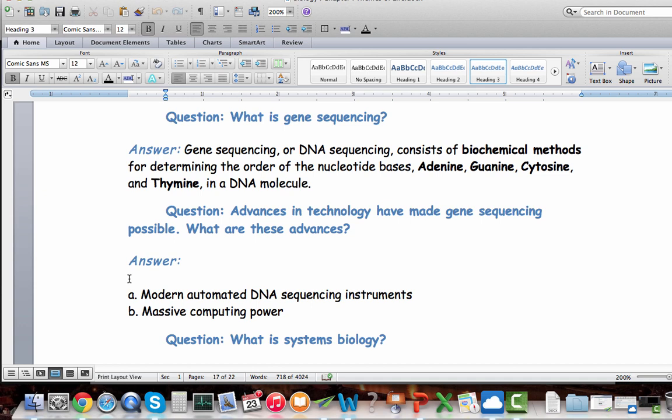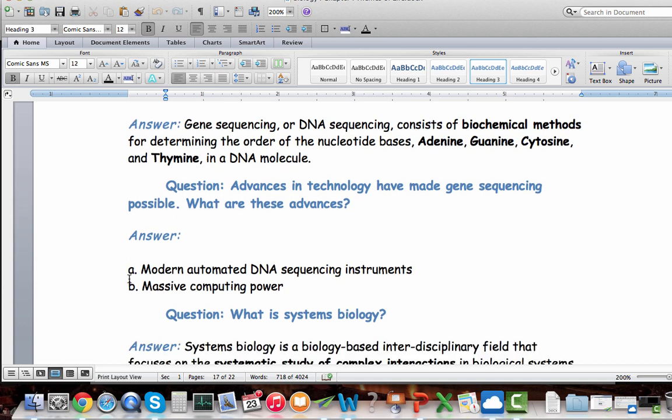Question: what is gene sequencing? Answer: gene sequencing or DNA sequencing consists of biochemical methods for determining the order of the nucleotide bases adenine, guanine, cytosine, and thymine in a DNA molecule. Question: advances in technology have made gene sequencing possible.